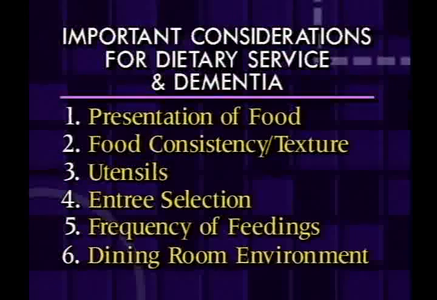When you're thinking about dietary services for a dementia patient and you're trying to make sure that they're getting enough food and the right type of food, it's important to remember a few things. First of all, the presentation of the food. Especially for rural individuals who are used to consuming large numbers of vegetables, the typical presentation of food to a dementia patient may seem somewhat strange.